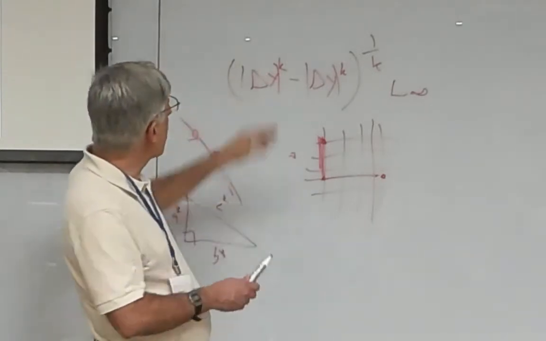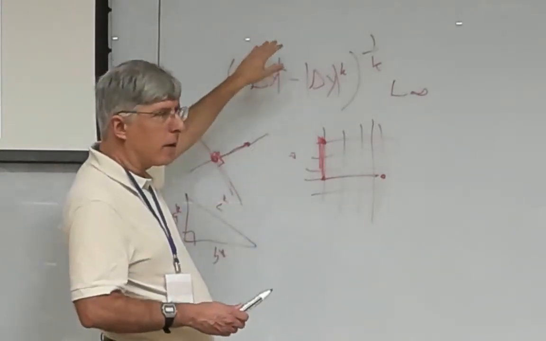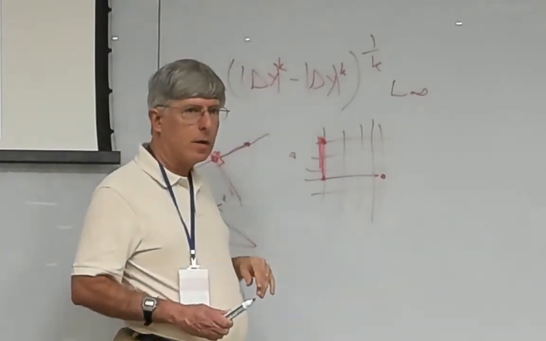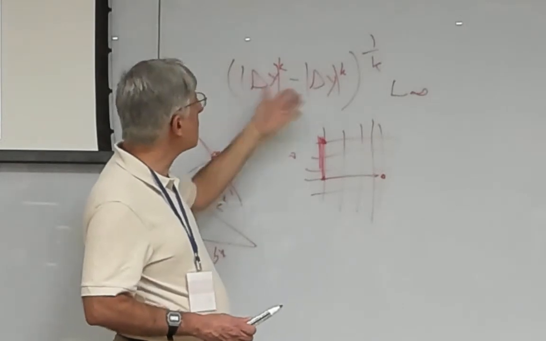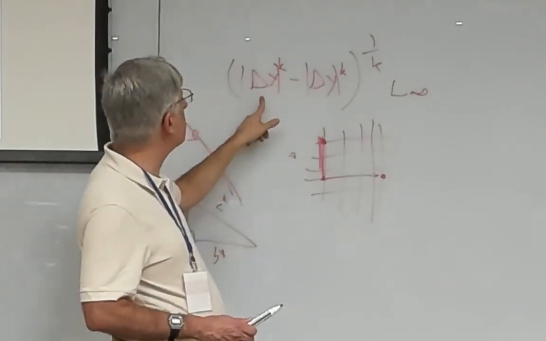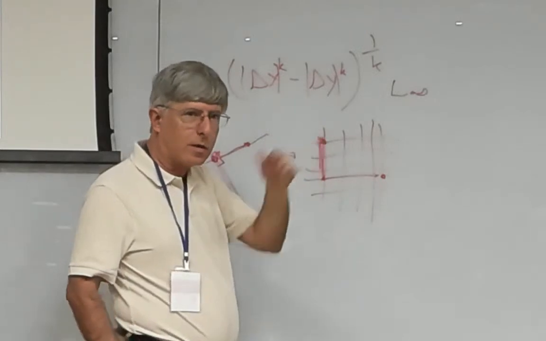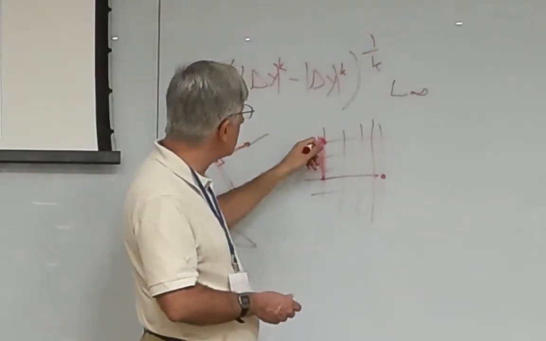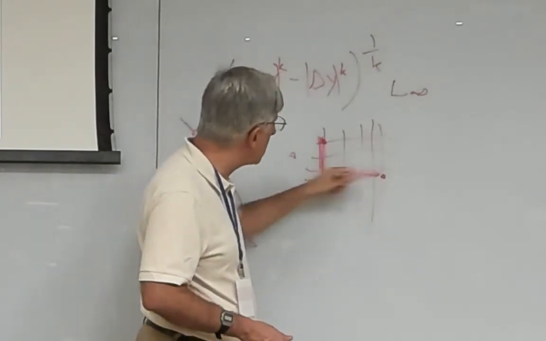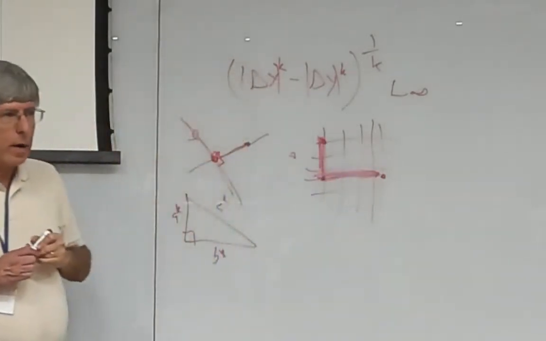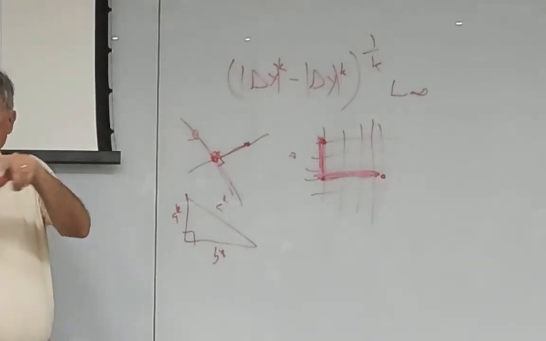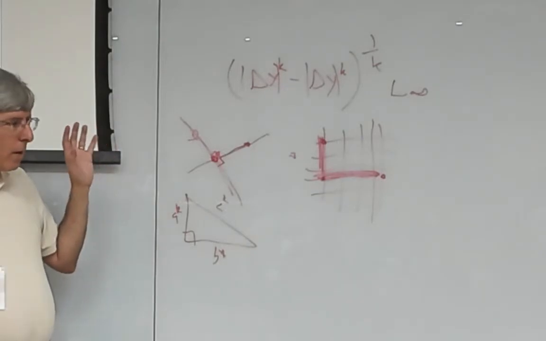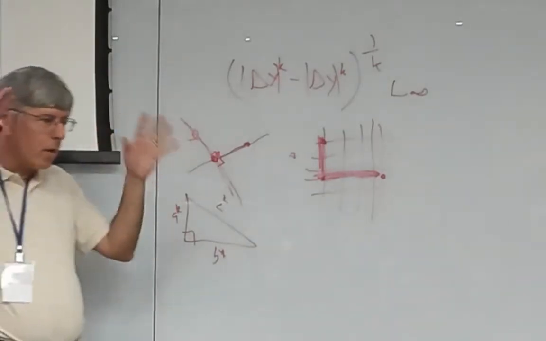When you raise 4 to the infinitieth, it's much bigger than when you raise 3 to the infinitieth. Does everybody see that? So it's dominant, and that term is going to be so much bigger that it leaves the other one in the dust. When you take the infinitieth root, the distance works out to be the maximum coordinate difference. Any questions? Sometimes this is useful when you're looking at distances of points in data.